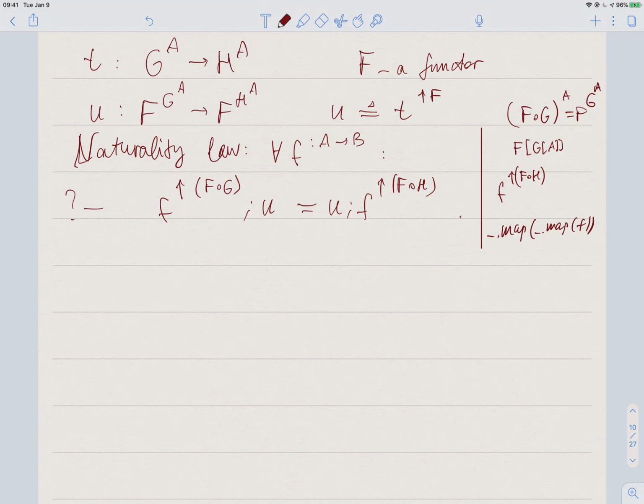But in the code notation, it is helpful to be more explicit as to what you're lifting to, because in Scala you just write .map, and you don't know what you're mapping to. You have to look at the type before you remember that. When you do calculations symbolically on paper, it is helpful to write out the types of the type constructors that you're using. So that would be f first lifted to h and then lifted to f.